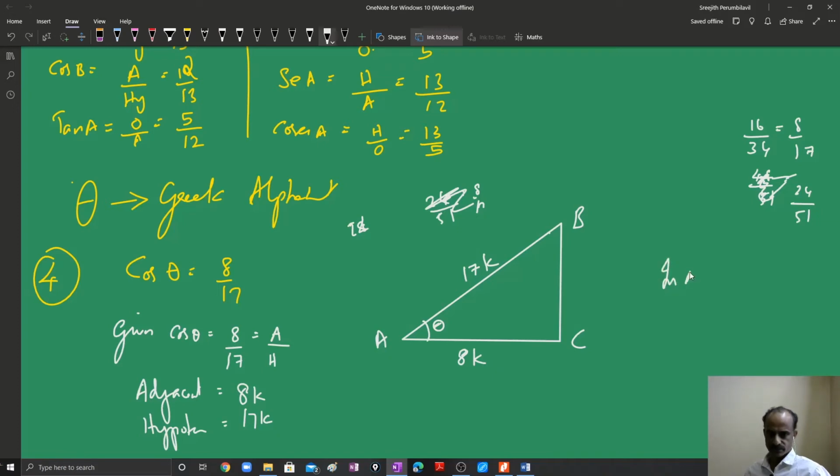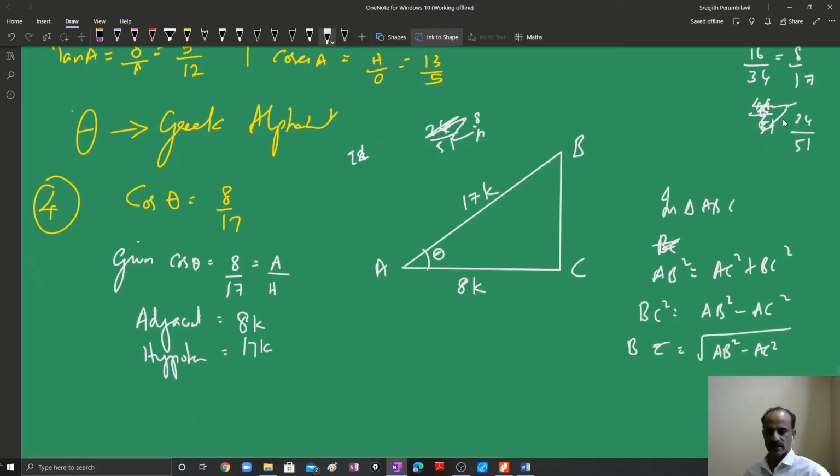In triangle ABC, using Pythagoras theorem, AB square is equal to AC square plus BC square, or BC square is equal to AB square minus AC square, or BC is equal to root of AB square minus AC square.